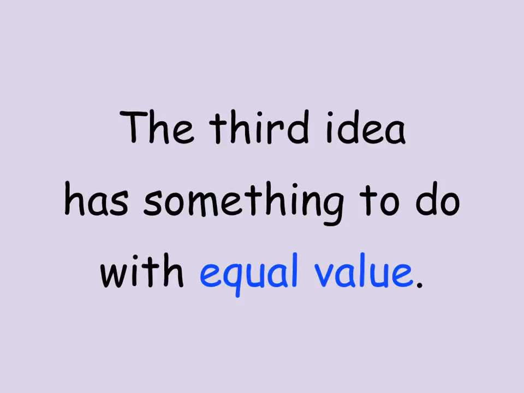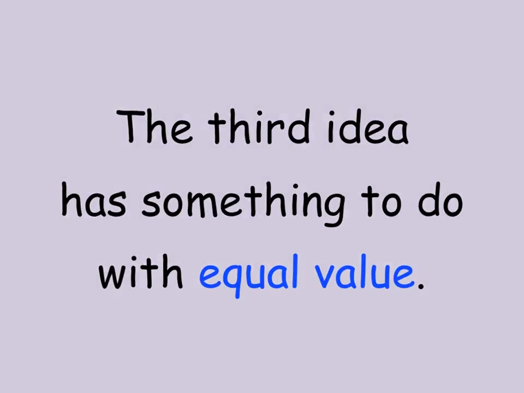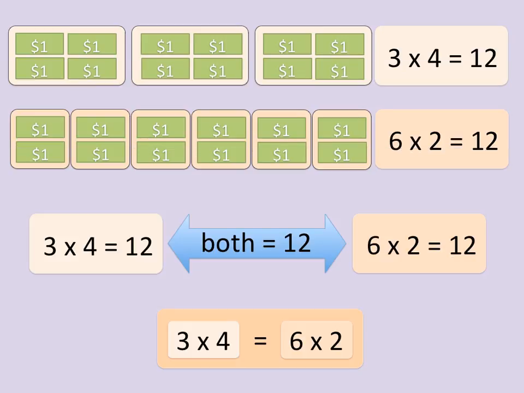The third idea behind cross-canceling has something to do with equal value. Look at the pictures. At the top you see a box with 4, another box with 4, another box. That's 3 boxes. Each has 4. 3 times 4 is 12. The next picture you got 2, 2, 2, 2. 6 groups of 2.